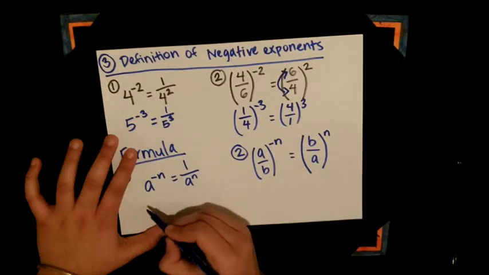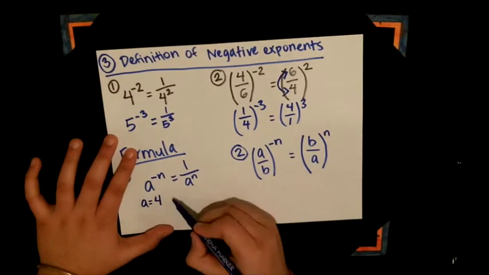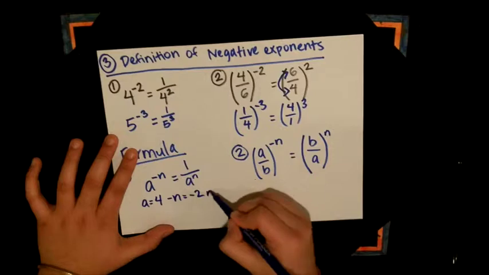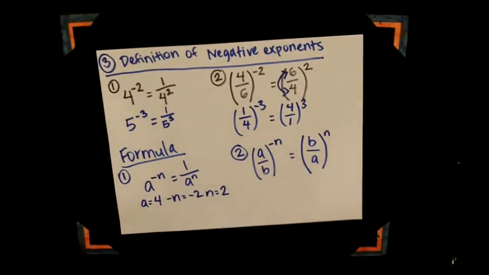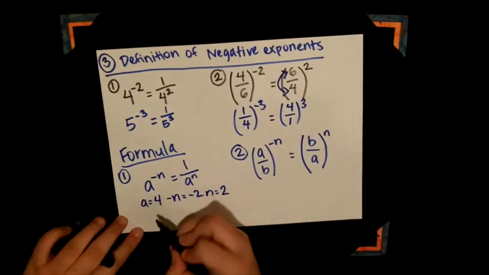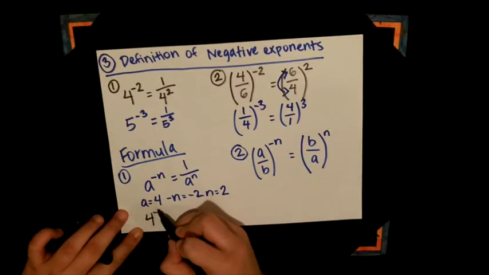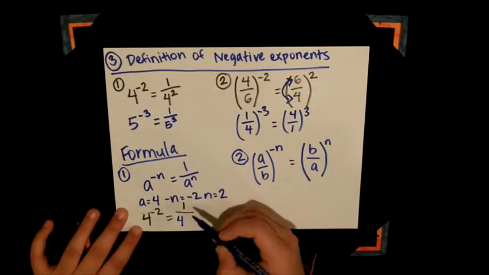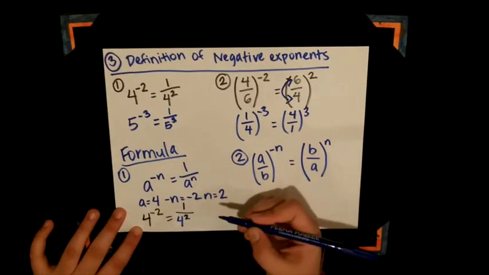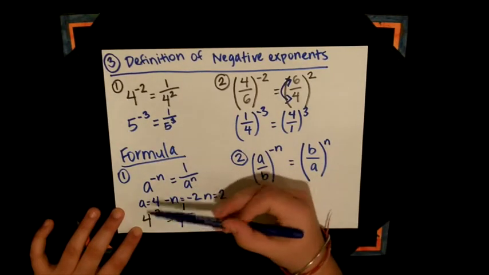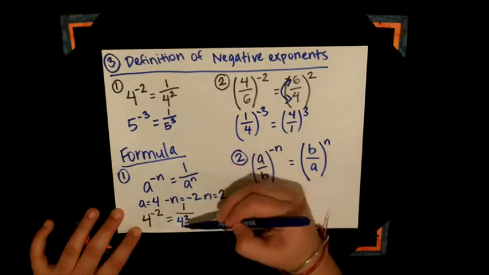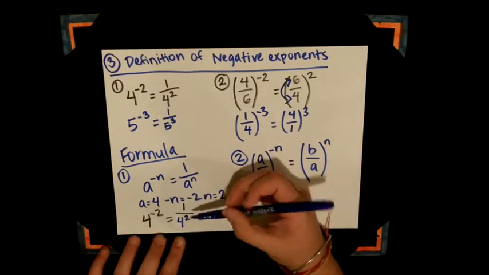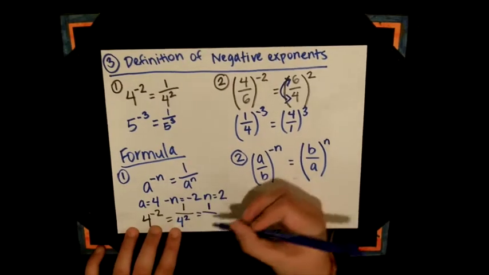A equals 4, negative N equals negative 2, N equals 2. 4 is A, negative 2 is negative N, 1 over 4 is A, 2 is N, which equals 1 over 16.